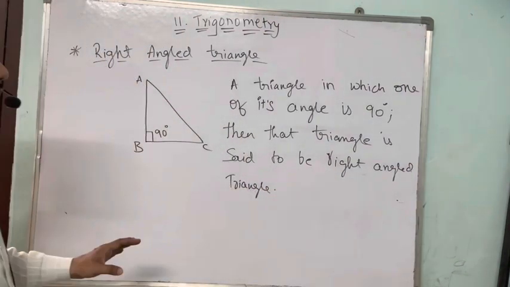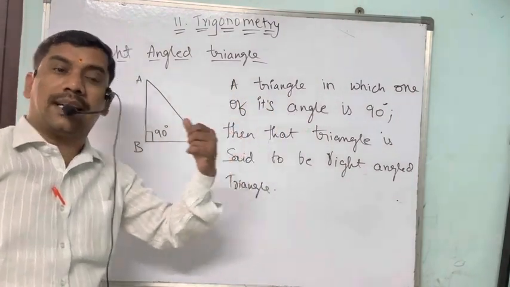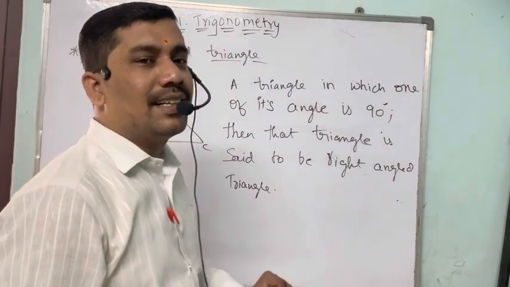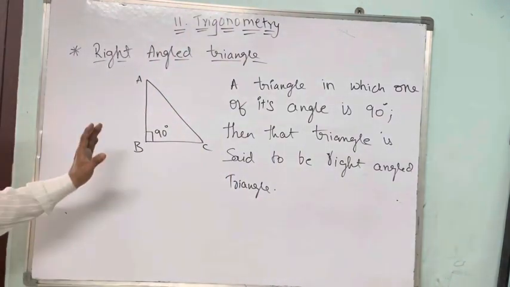Is it clear, everyone? Right, this is the definition. So a triangle in which one angle is 90 degrees, then that triangle is said to be a right angled triangle. Okay? So hope the things are clear.